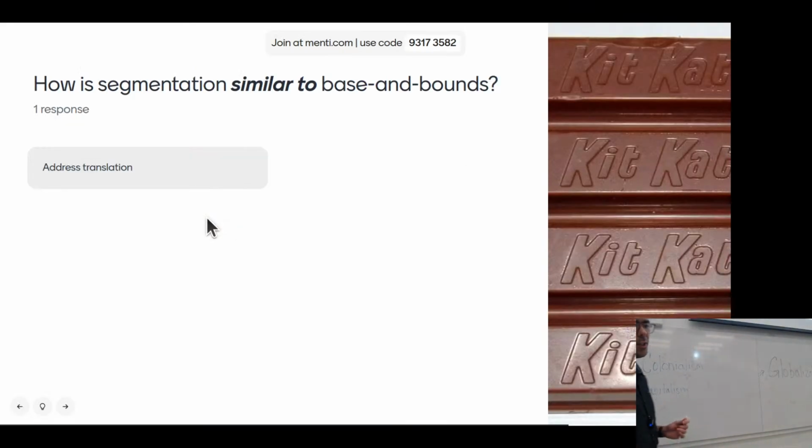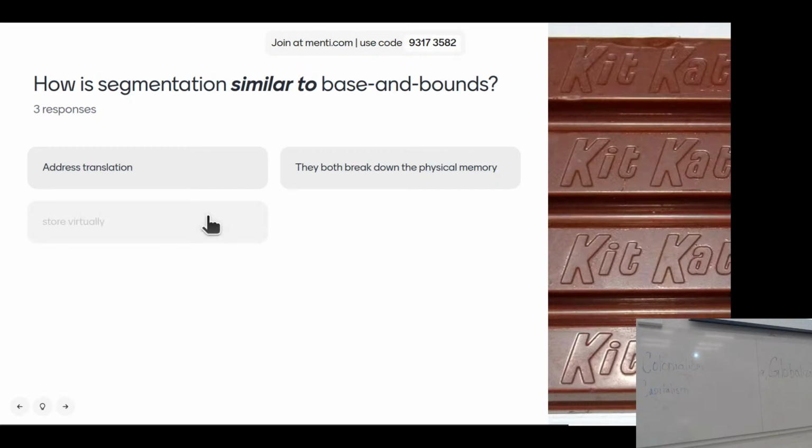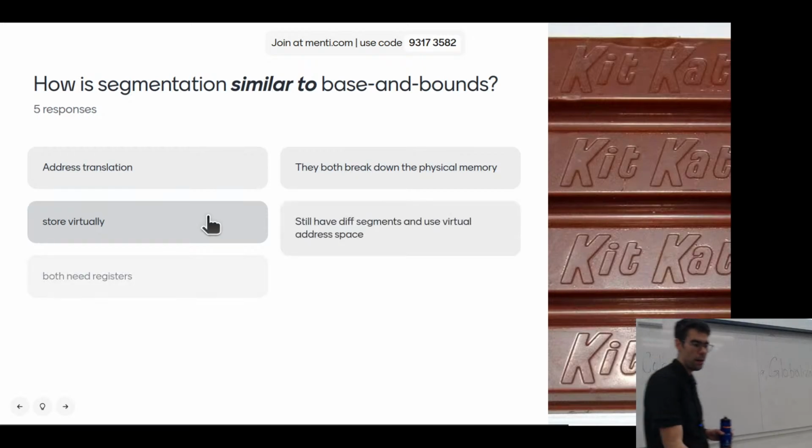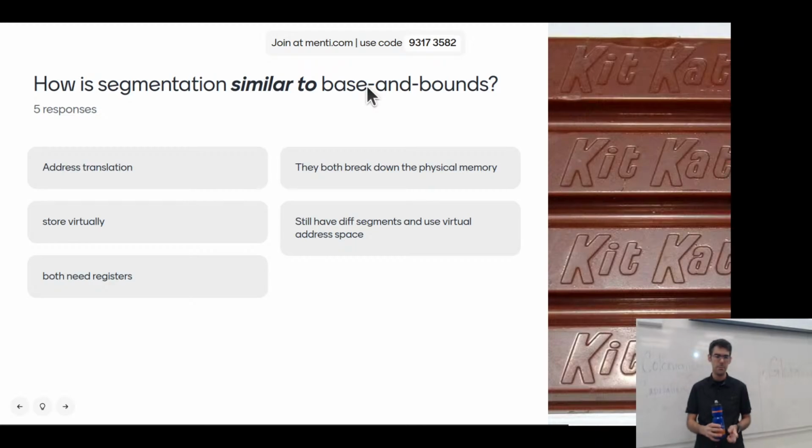The first question that we've got is, how is segmentation similar to base and bounds? So address translation, yeah, 100%. We are doing address translation in both of these. So in terms of basic superficial similarities, yes, absolutely, we're doing address translation between both of them.